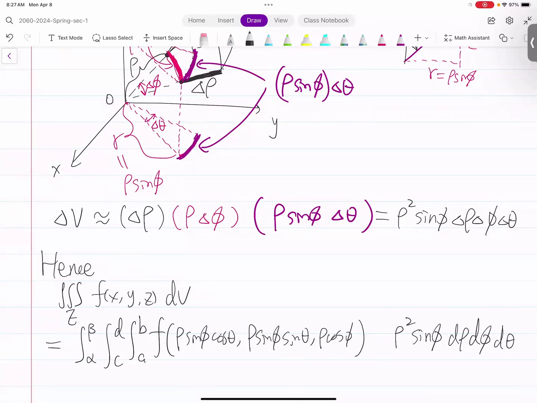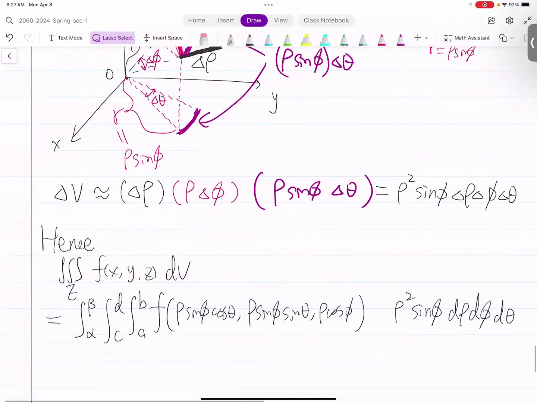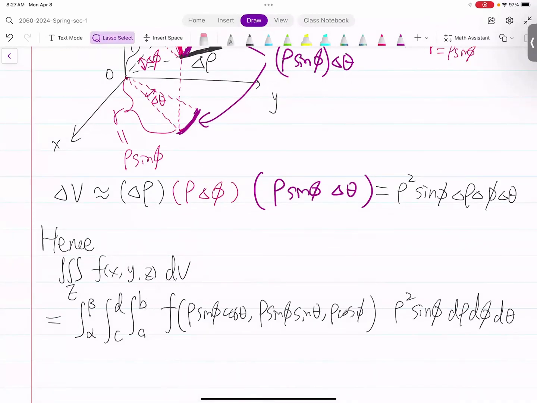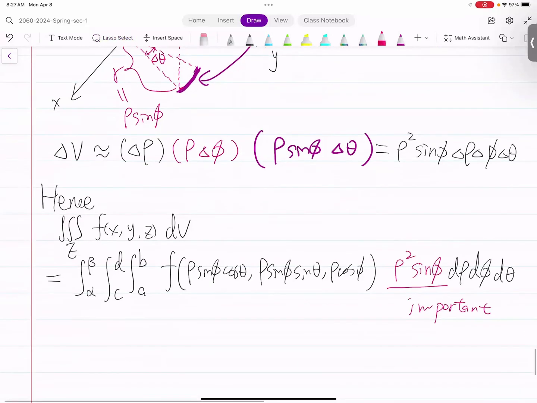So this is indeed a long substitution here. And here, this expression for the volume translation, that's very important. And let me change the color so that's clear.